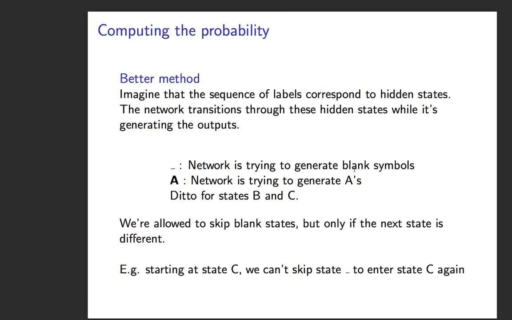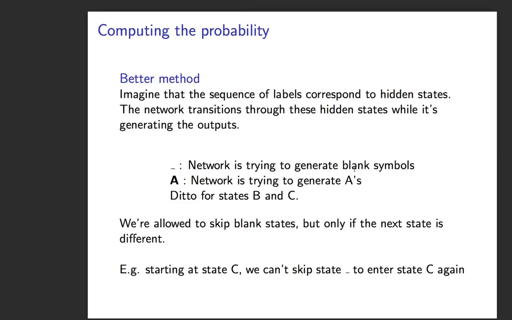And so the state transitions basically work like this: the network is allowed to skip blank states, but only if the states that are on either side of the blank state are different. So if we're on state C, the network is trying to generate C, and the next symbol is a blank because that's how we generated our output labeling.